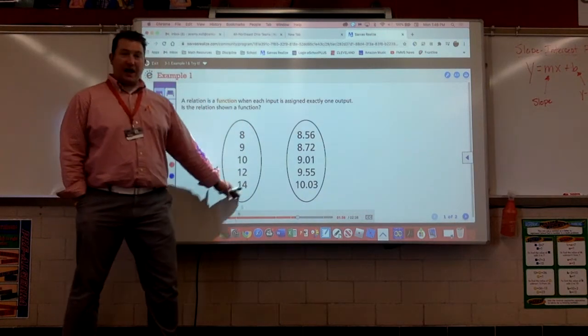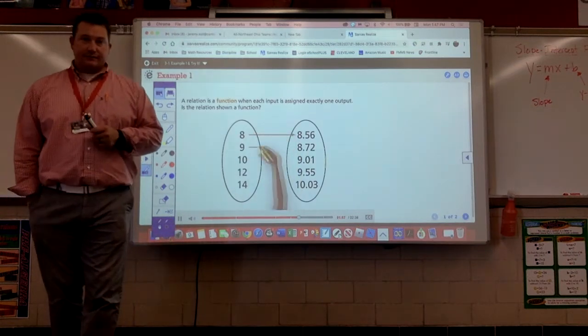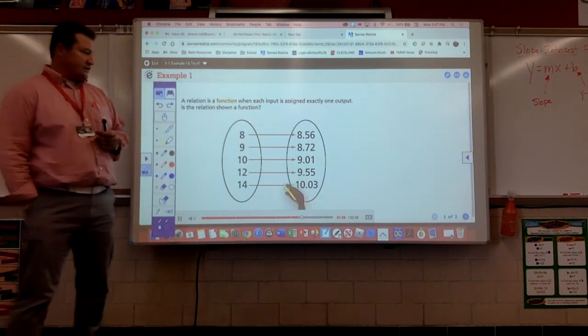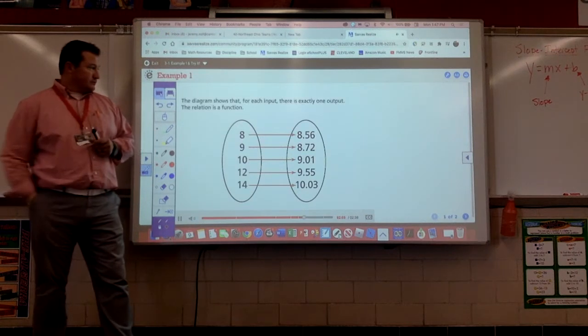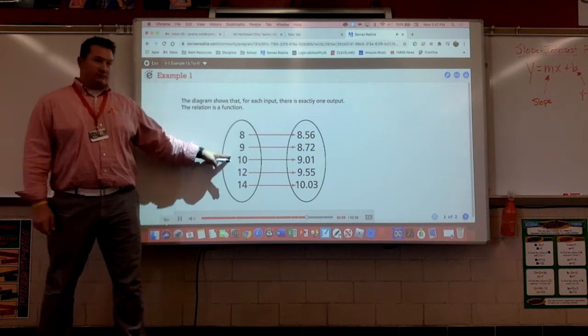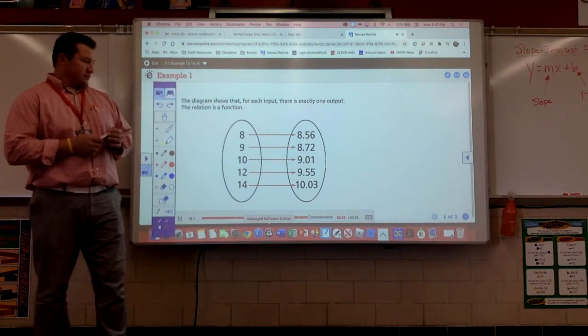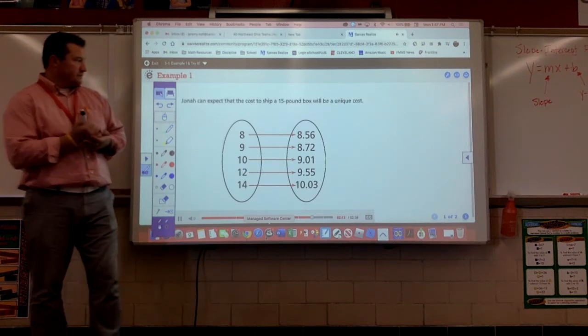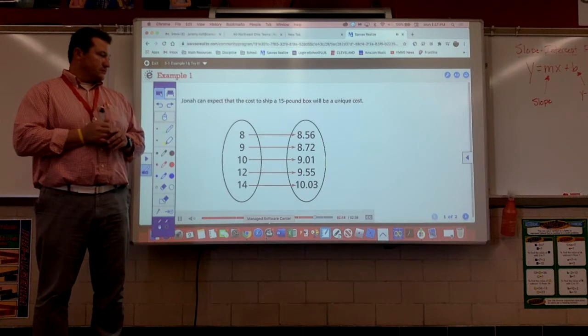So is this arrow diagram a function? In this case, yes it is. The diagram shows that for each input, there's exactly one output. The relation is a function. So Jonah can expect that the cost to ship a 15-pound box will be a unique cost.